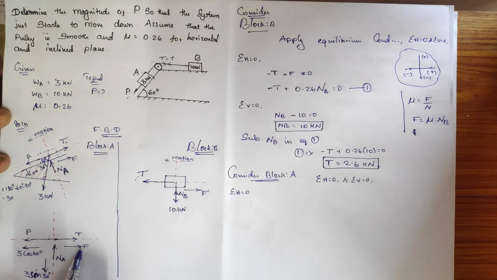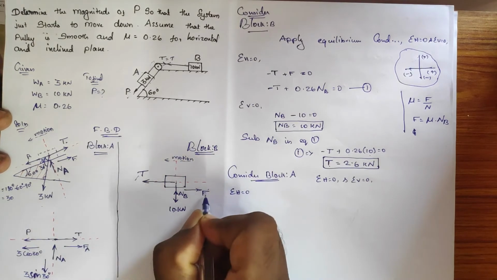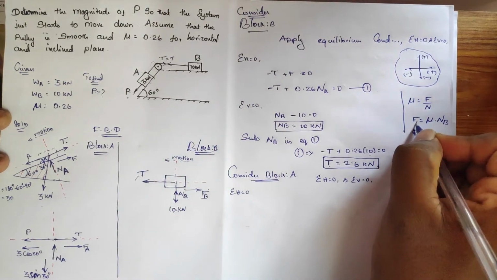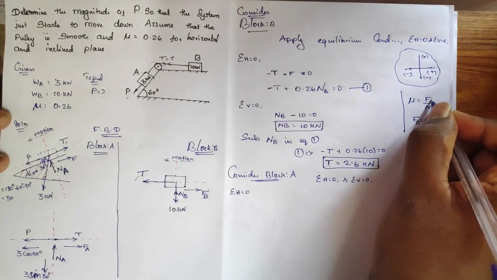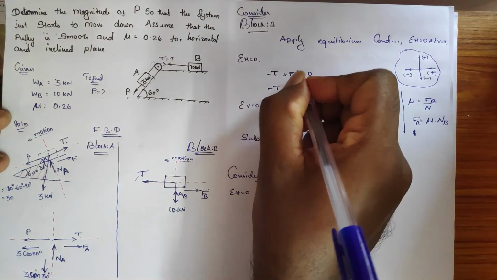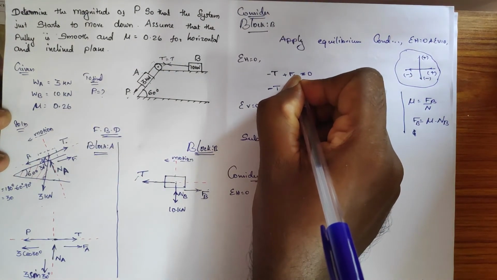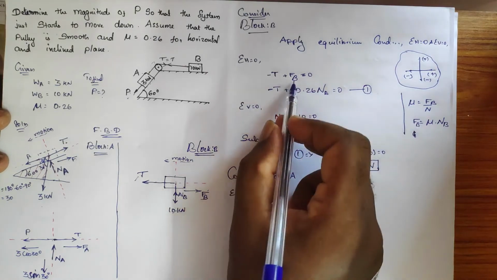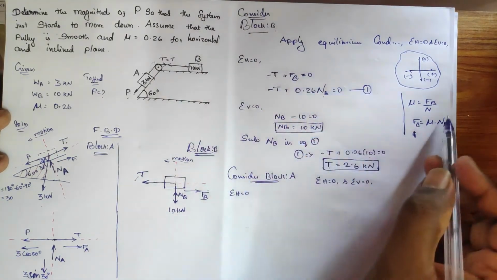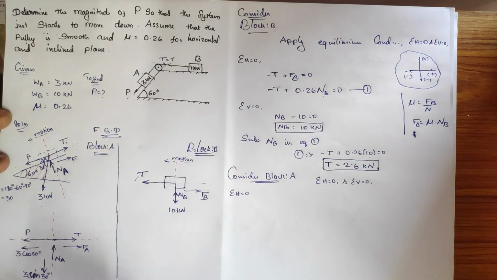Here the horizontal force is friction, and then T, then P, and this 3 cos 30 degree. This is friction at A, this is friction at B. So we can differentiate it. This is at B. Okay, so here as well it will be with the B. So we can differentiate as block B, so we can take all the things at block B.